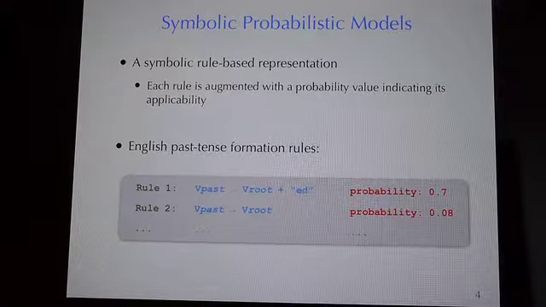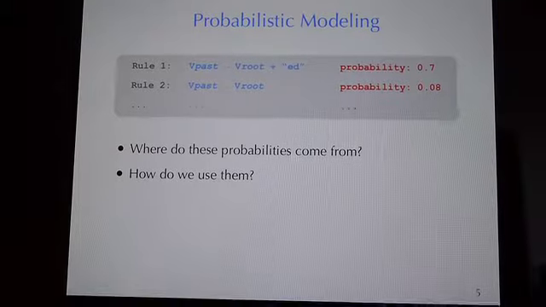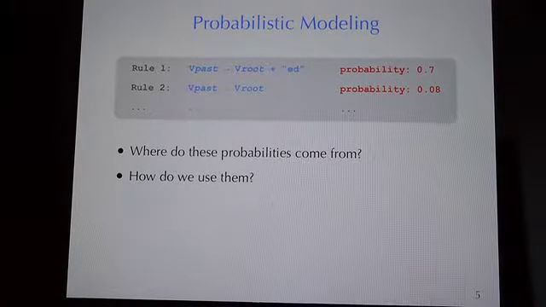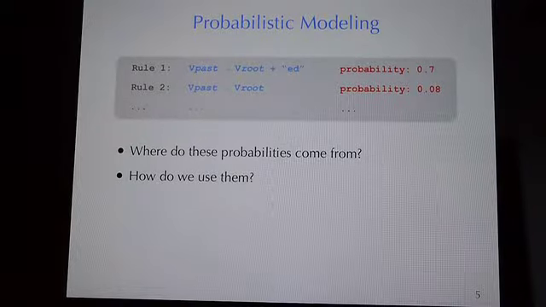But then we have to decide where these weights should be and where they come from. So in other words, where do we get these probabilities? How do we estimate them? And once we have them, how do we use them in making decisions? So in this particular example, a very simple approach would be to look at the data in order to estimate the probabilities in the first place.